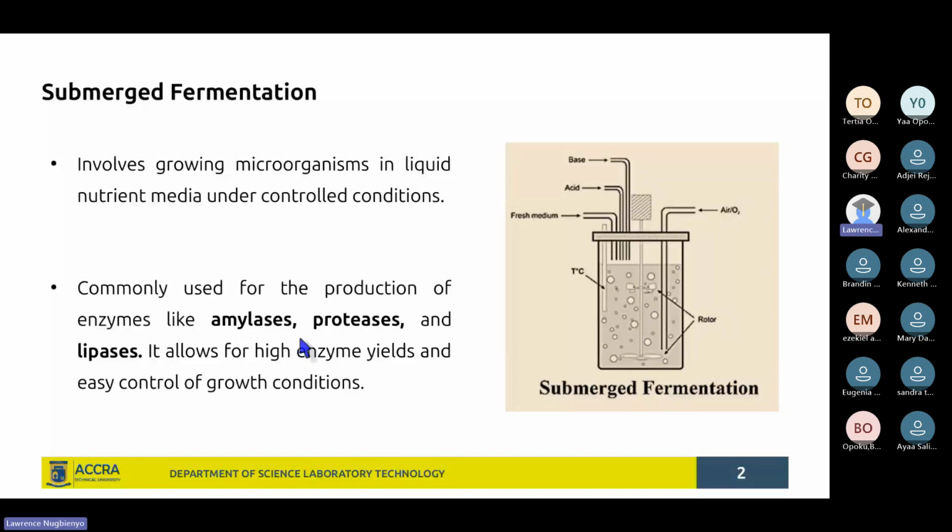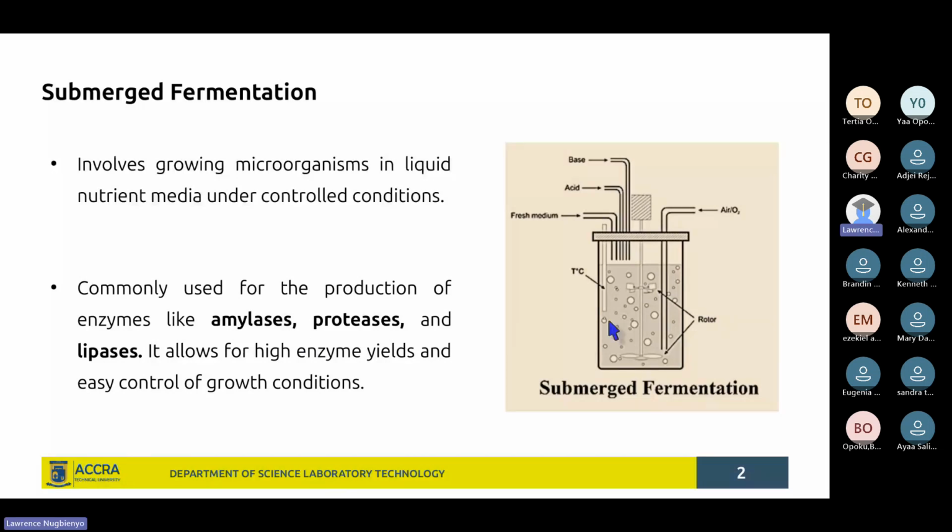So if we have some microorganisms, some bacteria that produce amylases, or maybe some yeast, some fungi, you can grow them in a media.